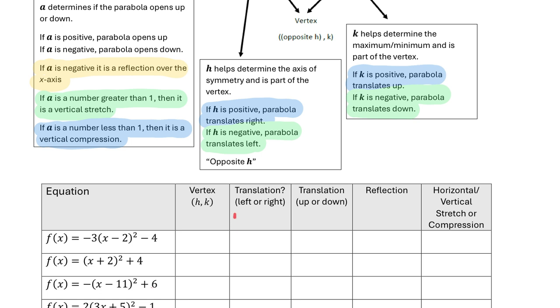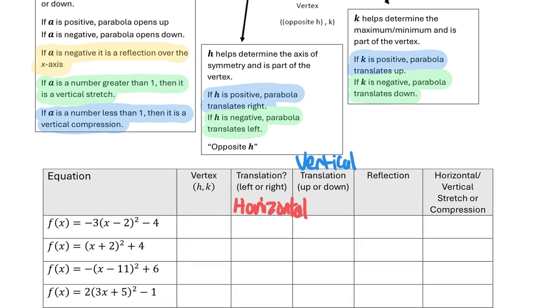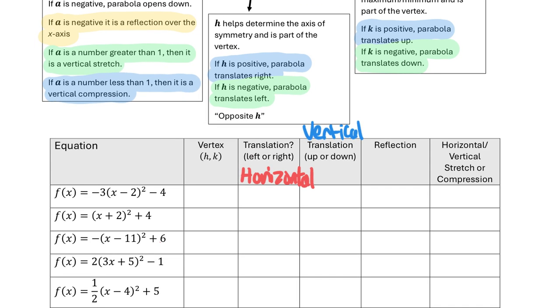So let me write that down, horizontal. And then up and down is a vertical translation. Okay. All right, so let's do it to it.